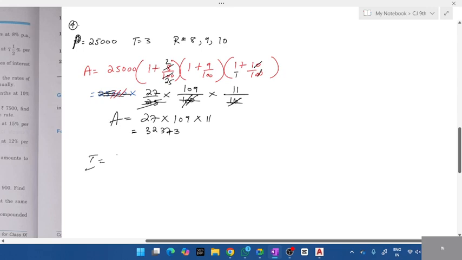Is Kia online? Kia, Abigail, done? Ruth, Angel? Yes, yes. Yes, Kia, do it. Find amount and then interest.